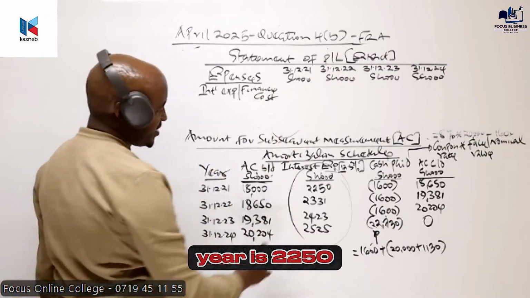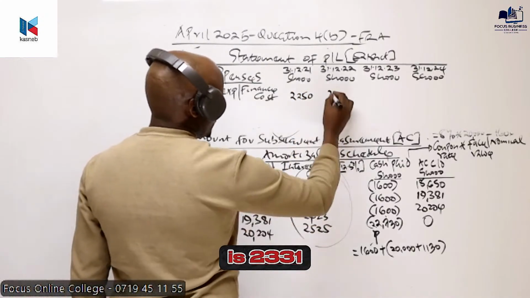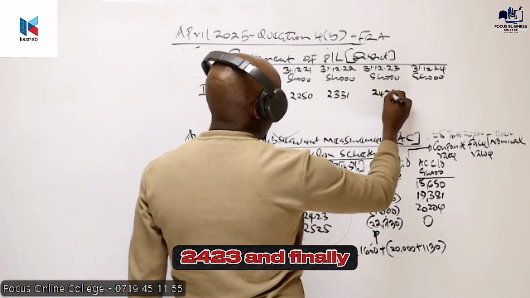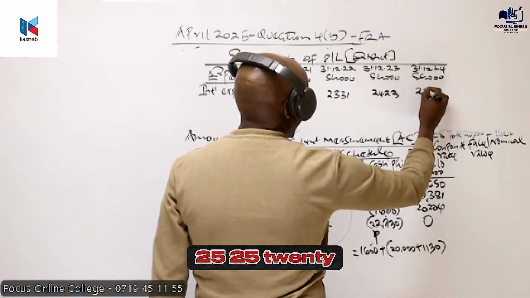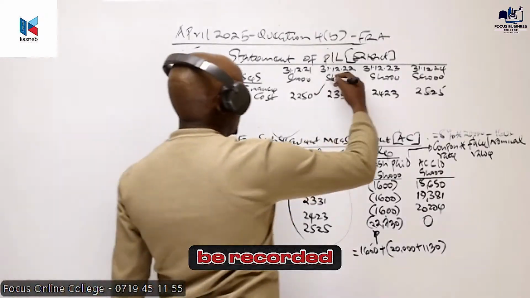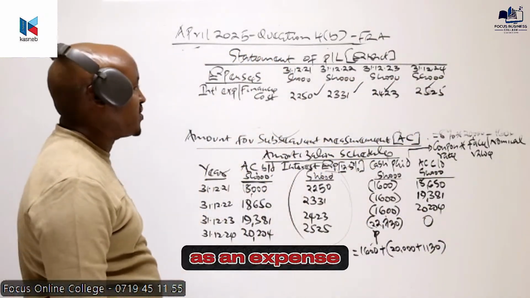The finance cost for the first year is 2,250. For year 2 is 2,331. And basically for year 3 is 2,423. And finally is 2,525. So this is what was supposed to be recognized in the statement of profit or loss as an expense.